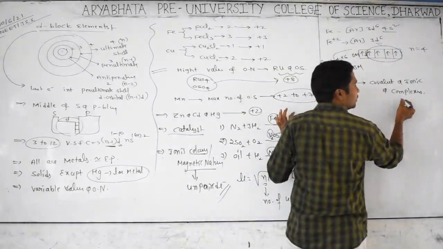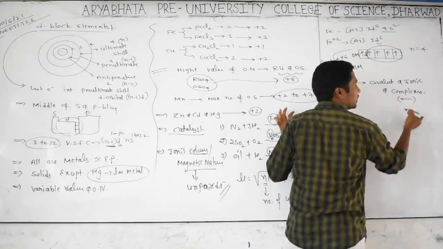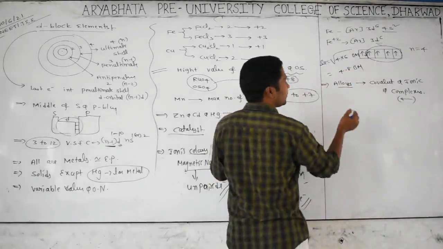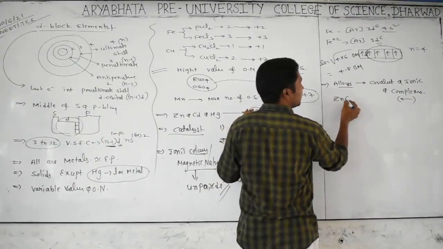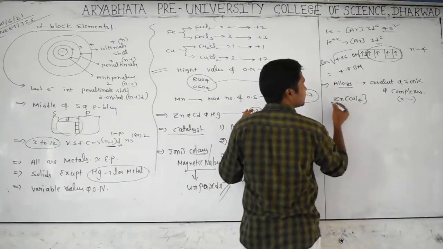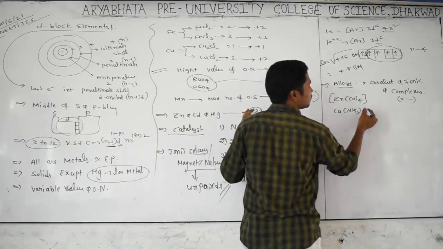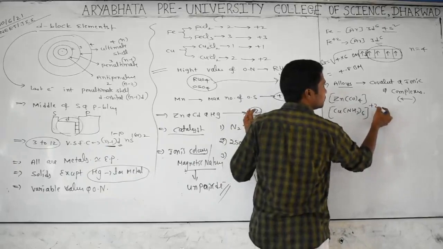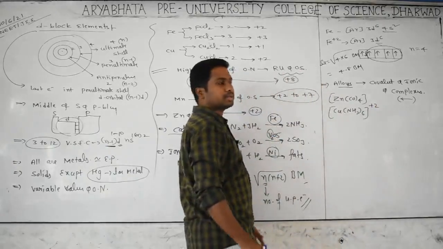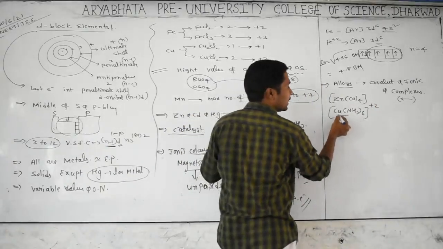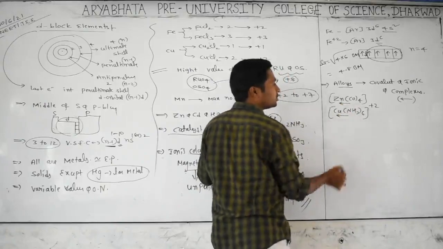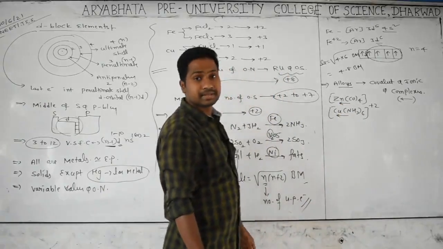Complexes are molecules or compounds which have coordinate covalent bonds in them. For example, zinc tetracarbonyl complex and copper tetraammine, Cu(NH3)4 2+. These all are complexes, because between metal and ligand we have coordinate covalent bonds. That's why they are called complexes.